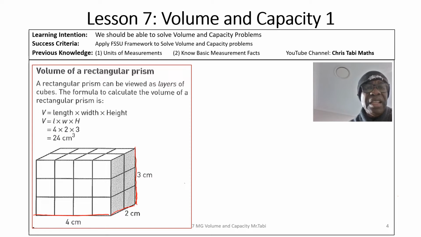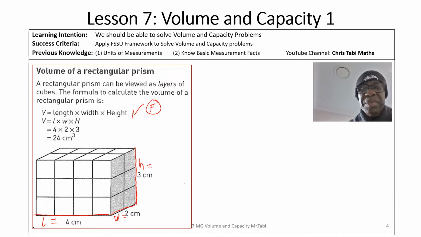But mathematically, we use the formula length times width times height. That's the formula. Length times width times height, abbreviated like LWH and so on. So here our length is 4 centimeters, our width equals 2 centimeters, and our height equals 3 centimeters.